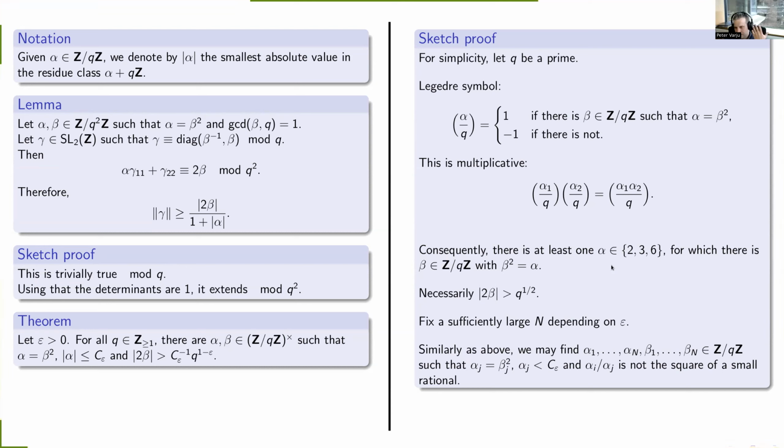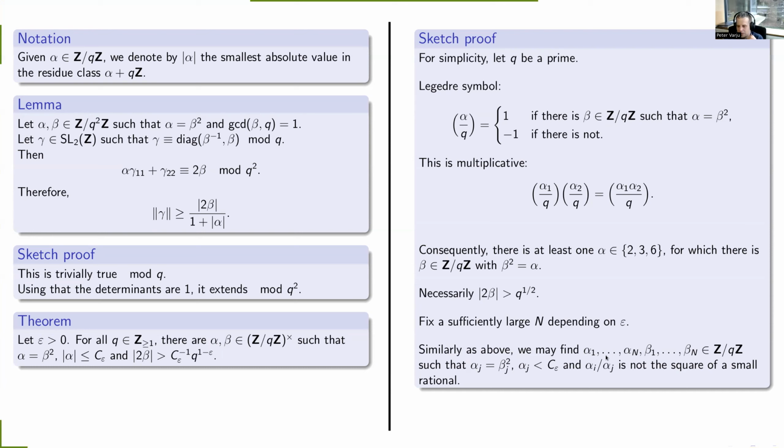But this is not unrelated to the fact that 2 is a square. So I want my alphas to be squares not for these trivial reasons.